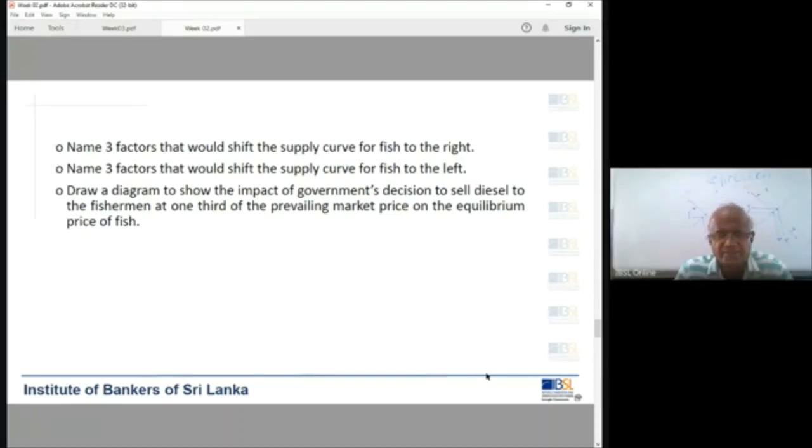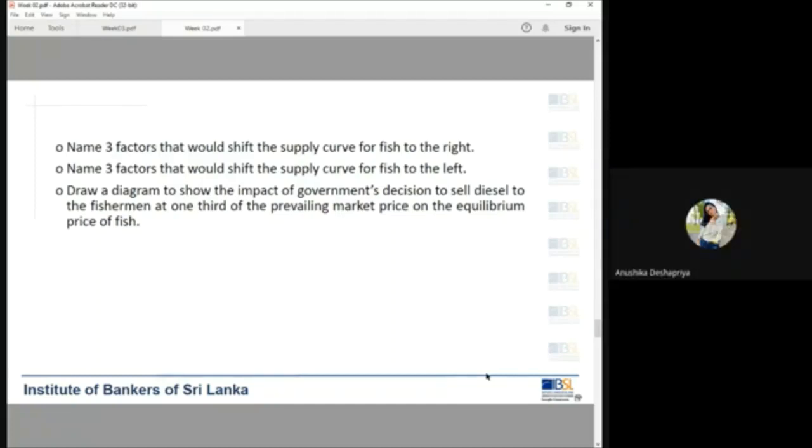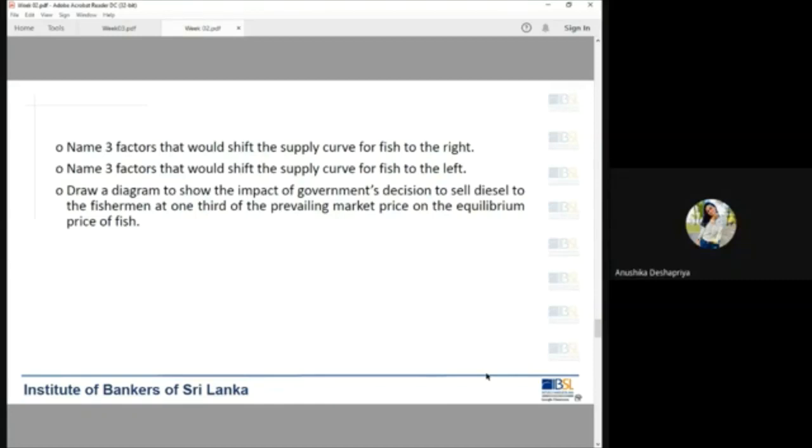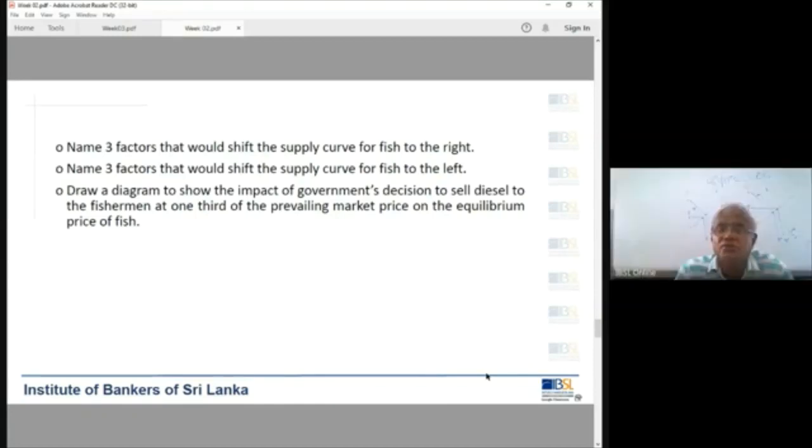Yes. Decrease in cost of inputs. It is a supply curve shift to the right, no? That means supply increases, no? Good. Very good. So all these factors, if they negatively affect, the supply curve shifts to the left, supply decreases.